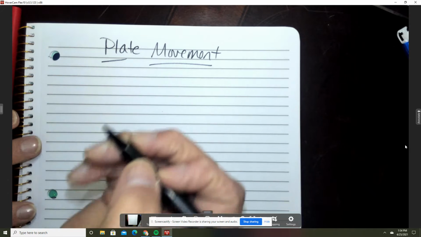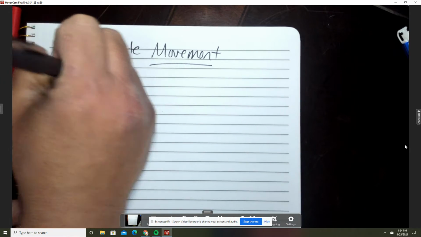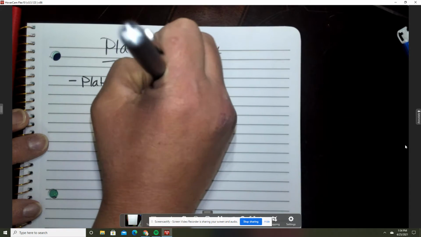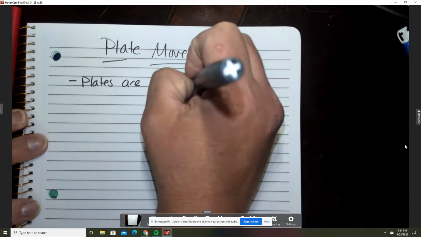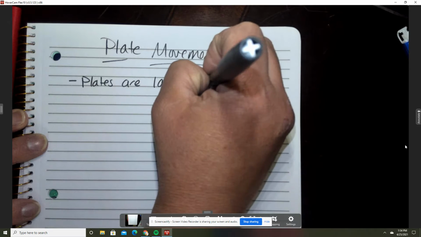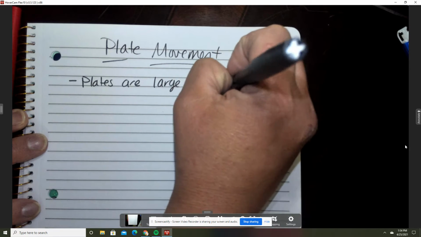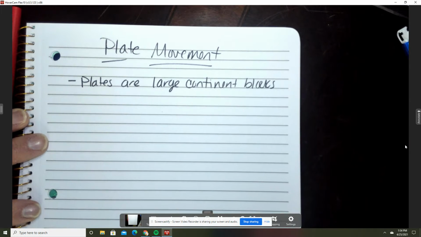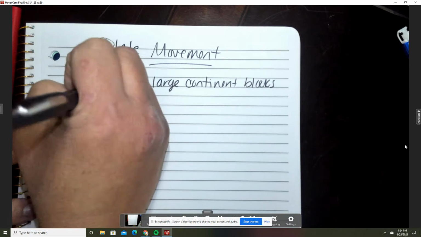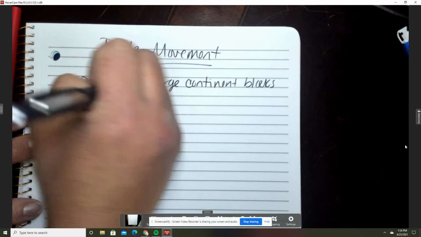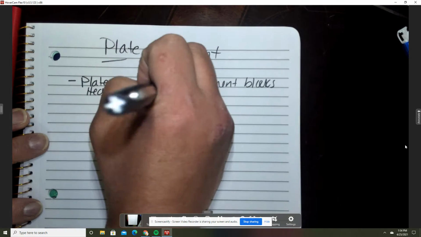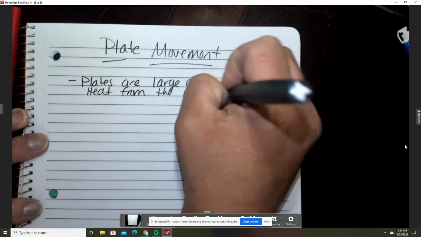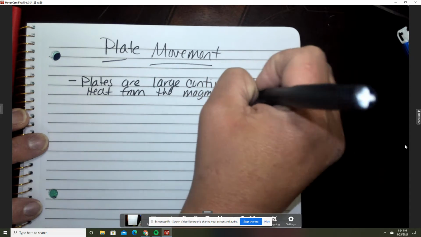All right, so plates are large continent blocks. Heat from the magma makes them move.